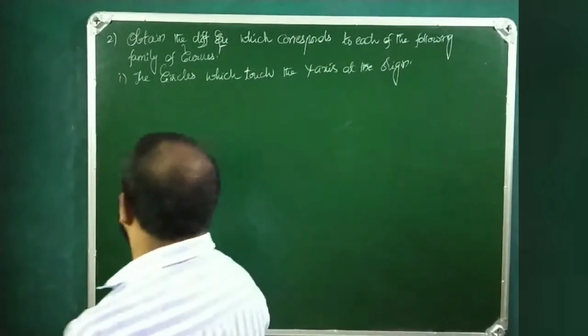In the property of circles, we have learned that the normal always passes through the center of the circle. So therefore this is the center. So this is the normal.